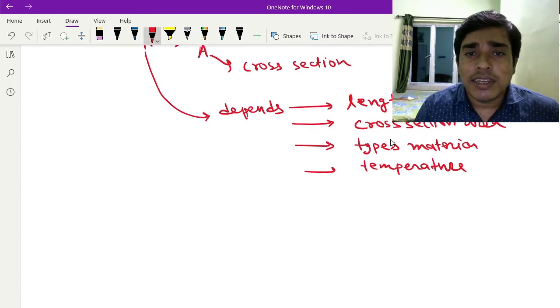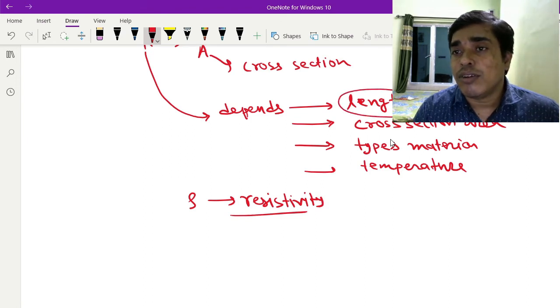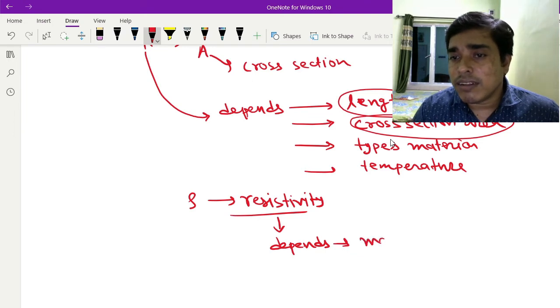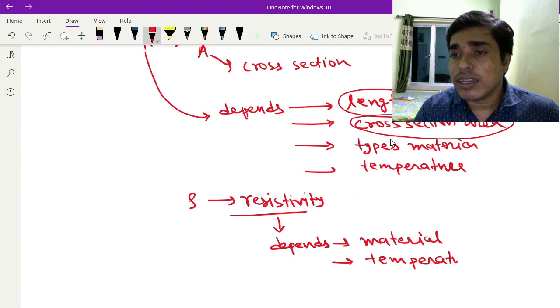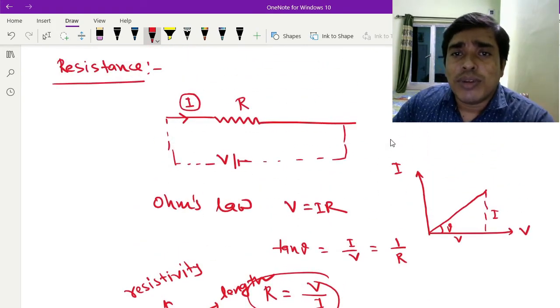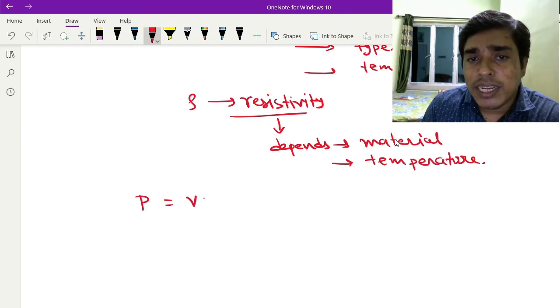But the resistivity rho does not depend on length or cross-sectional area; it depends on the property of the material and temperature.